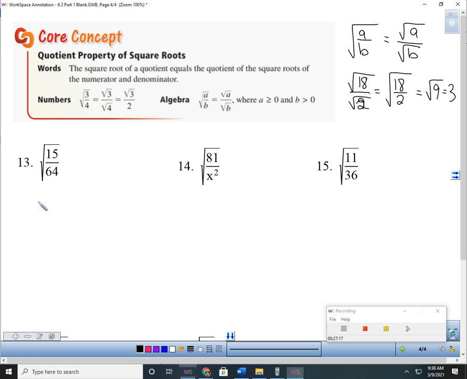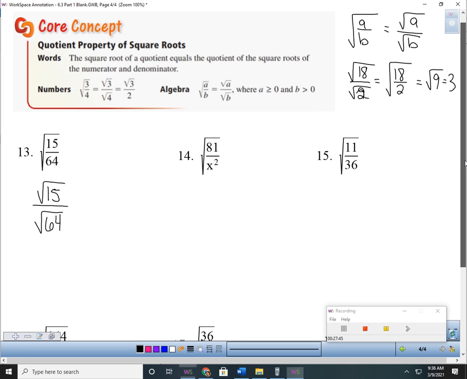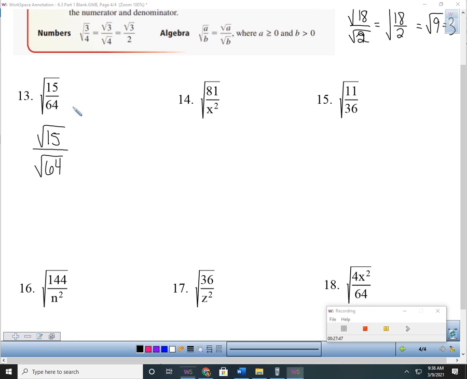All right, so these are separated, and 15 and 64, those do not divide evenly. I always check that. So let's square root the top, and then let's square root the bottom. Now you still always need to fully simplify, okay? So 15 is not a perfect square, and if I did a factor tree for 15, it would just be 5 and 3.